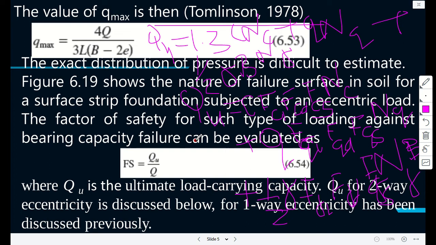The one for Meyerhof is a little bit more general because it takes care of factors like compressibility, shape, inclination, and so on. When the loads are vertical and the soil is not compressible, the equation goes back to the one for Terzaghi.